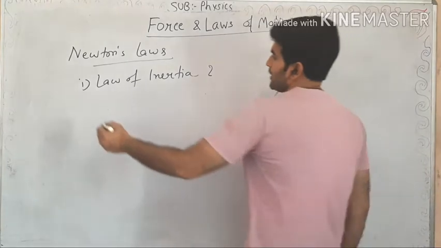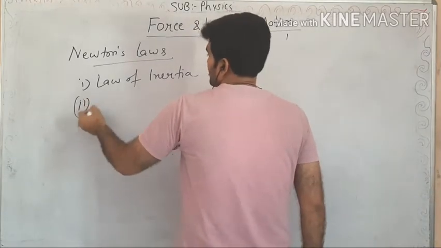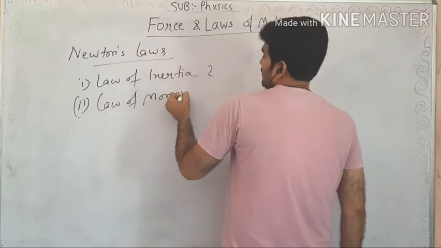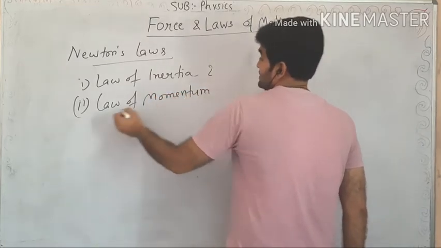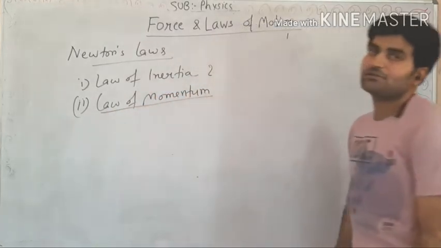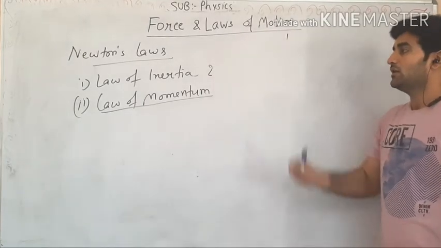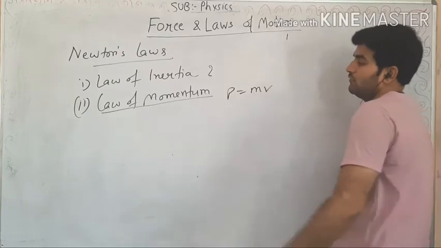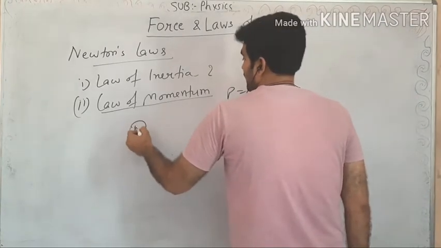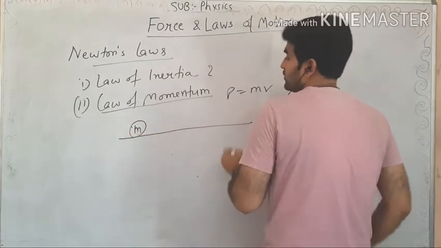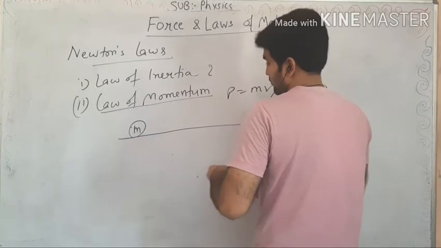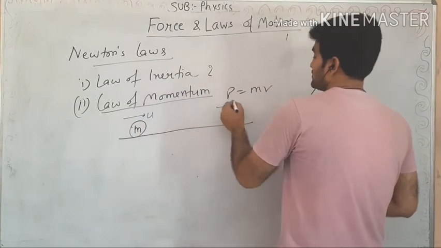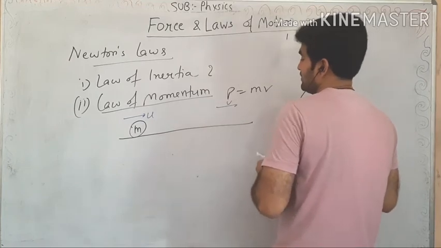Now we take another law, the law of momentum. You know very well what momentum is. Momentum is the product of mass and velocity. For example, a body of mass m moving with velocity u attains velocity v after time t.